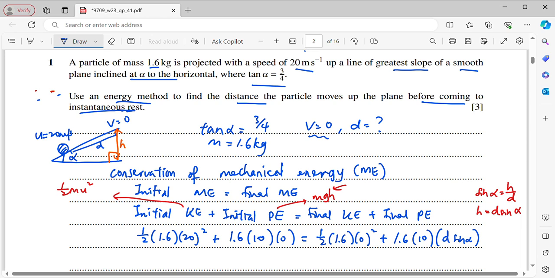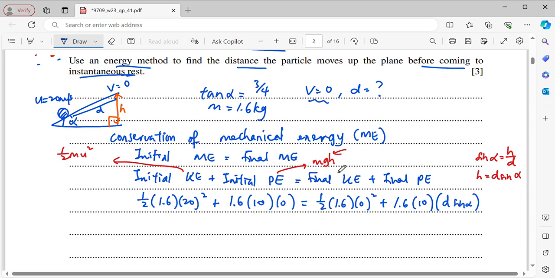When you calculate the left hand side, half times 1.6 times 20 squared, that is 320. Then the next value is 0, and the first value on the right side is 0. For the right hand side, I will get 1.6 times 10, which is 16. The d remains. Now for sine alpha, look at the tangent alpha, which is 3/4.